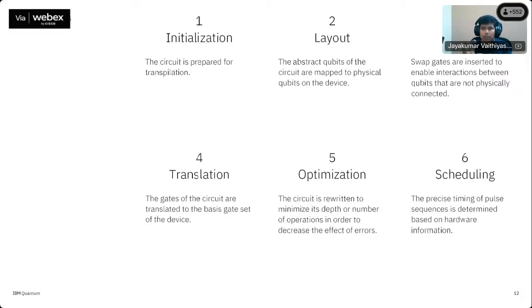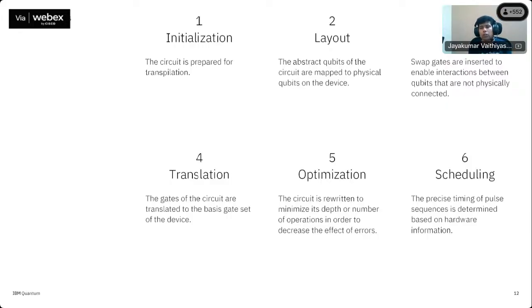If you are using swap gates or any control nodes, all these 2-qubit or multi-qubit gates will enable interactions between your qubits, so this requires routing. Next is translation: whatever you designed in your circuit is translated into the actual quantum hardware's gates. This translation happens at step number 4.